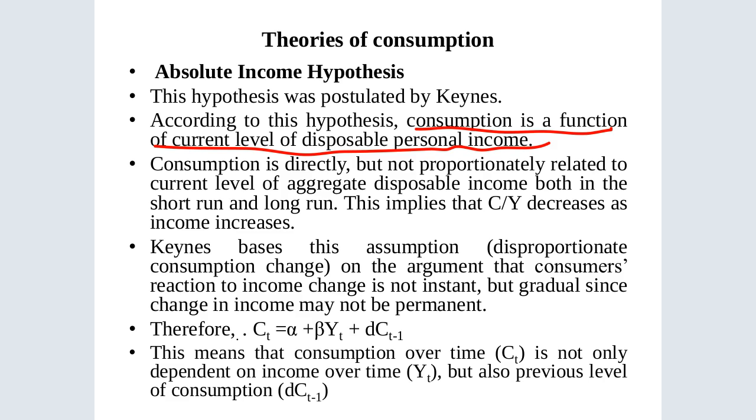The personal disposable income is simply what is left after you have paid taxes. So once you have paid taxes, whatever is available for your consumption is referred to as the personal disposable income. So for Keynes, consumption is a function of disposable income.